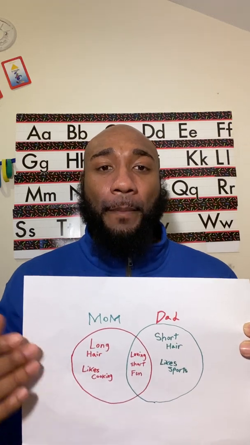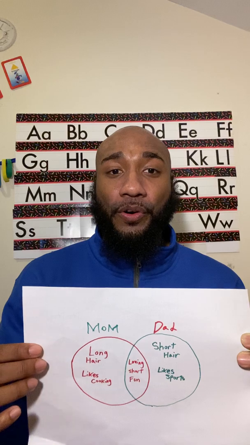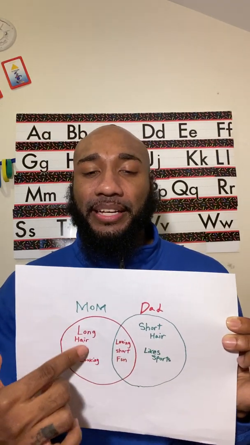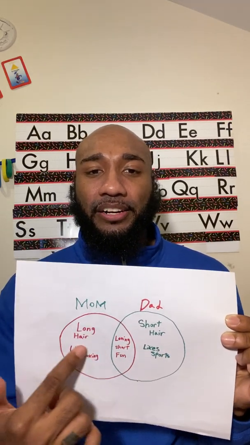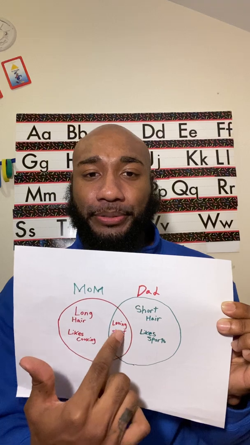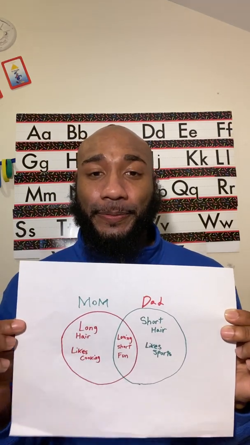Contrasting is a bigger word, which means things that are unalike, things that are not similar, or different. In the big parts of the circle, we're going to write the things that are unalike, things that are different. And then in the middle will be things that are similar.